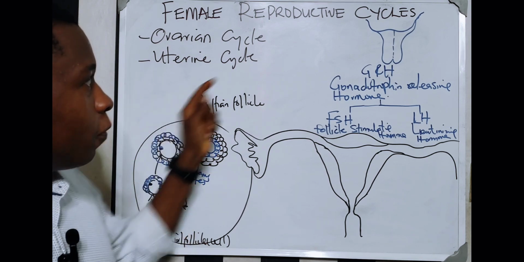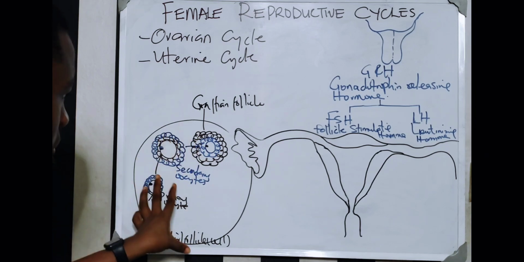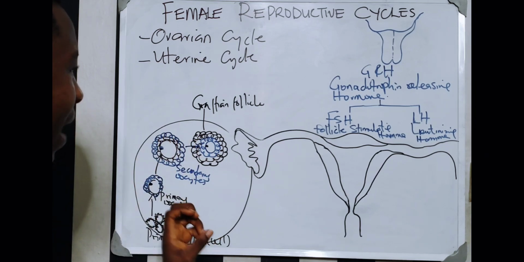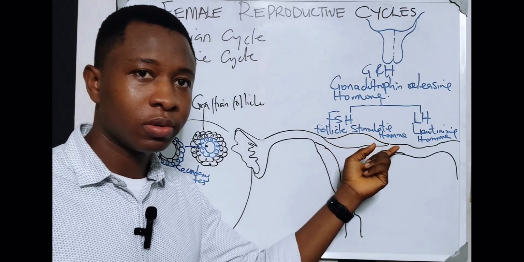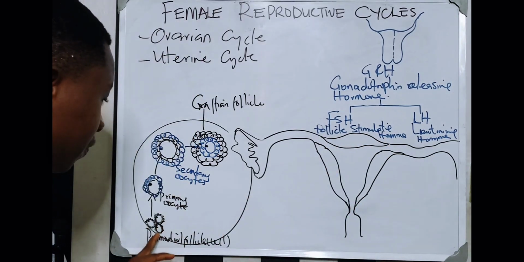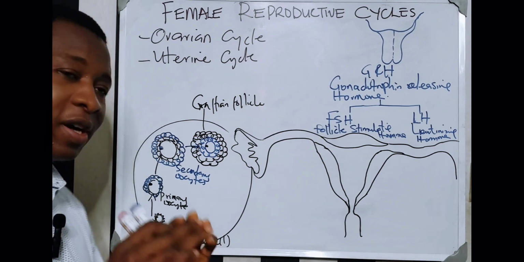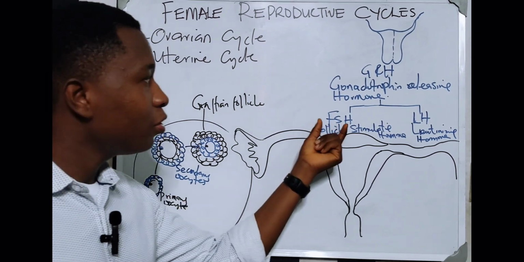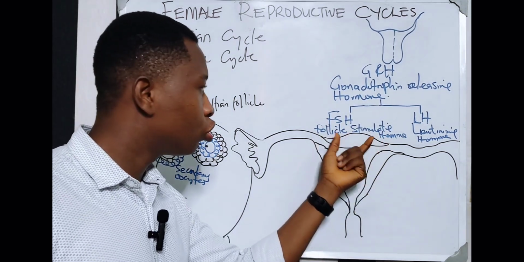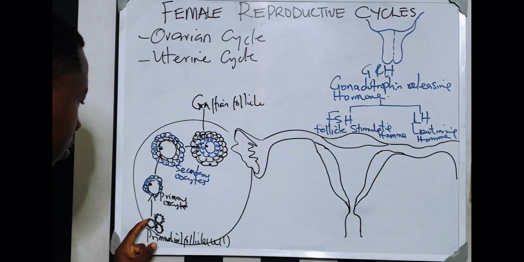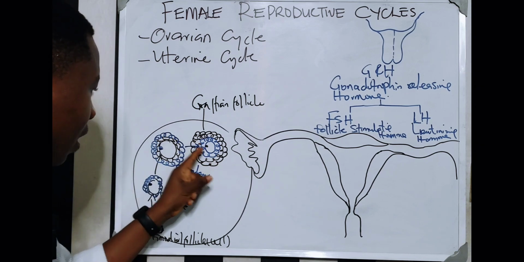But let me move over to the brain. You see, this whole process is controlled by the follicle stimulating hormone. So what happens here from this primordial cell, since the egg cells are covered with follicles, the gonadotrophin releasing hormone releases the follicle stimulating hormone to synthesize the follicles you have over here.